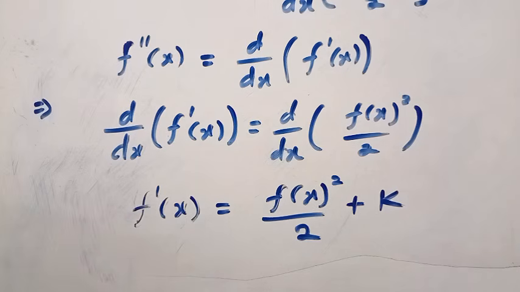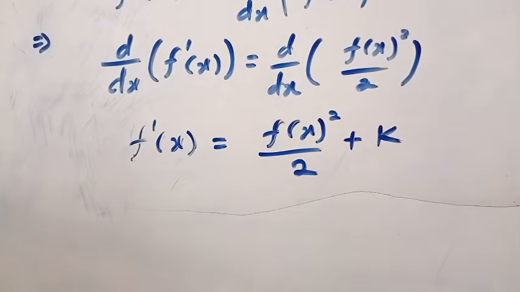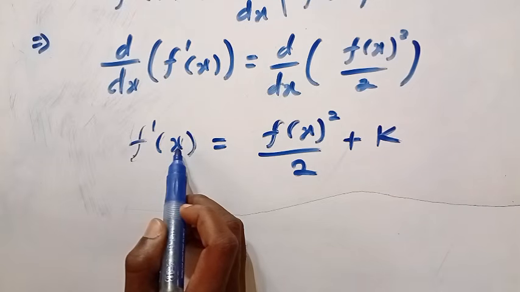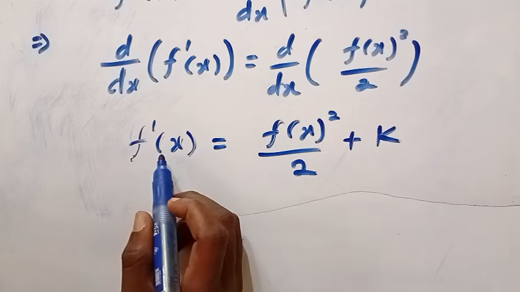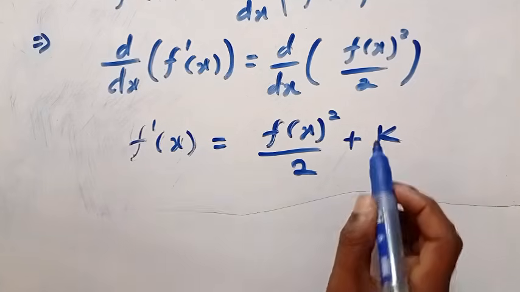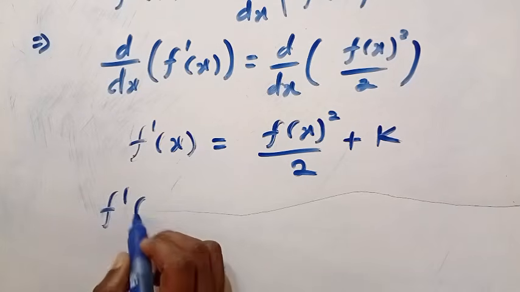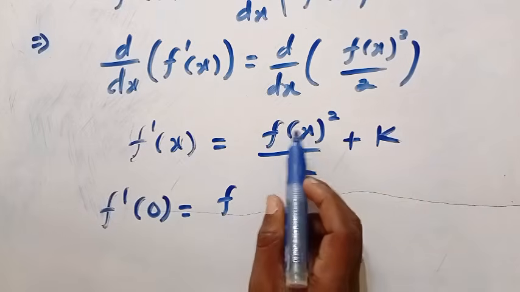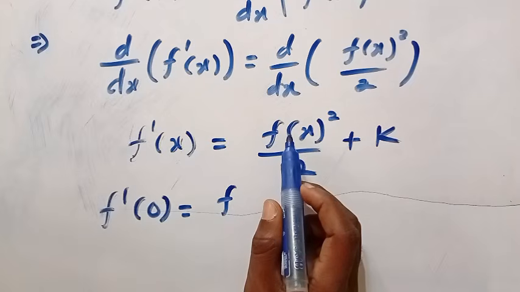Before we move any further, let's apply the initial condition. Since what we have here is f prime of x, we have to apply the one with derivatives, that is f prime of 0 equals 1 divided by 2, so that we can know the value of k. We cannot apply the other condition here because it is not carrying derivatives.